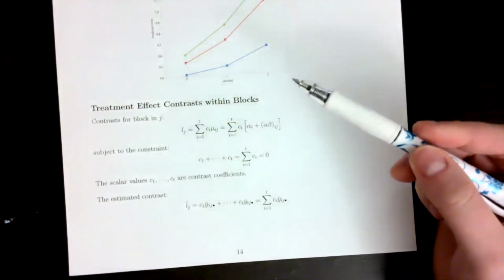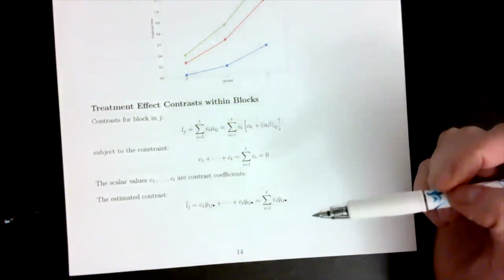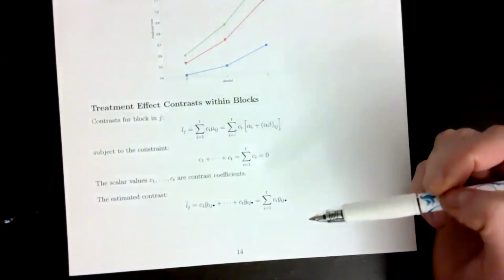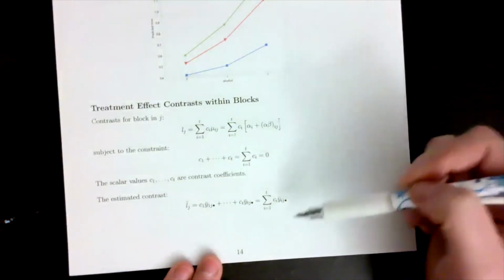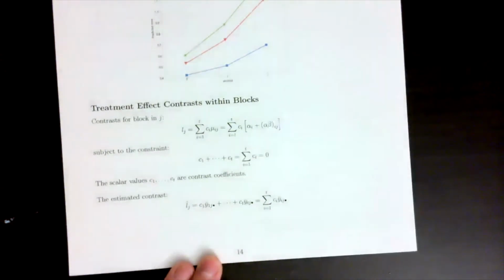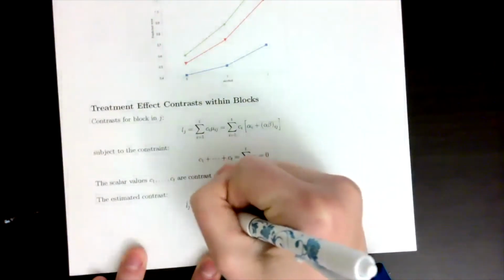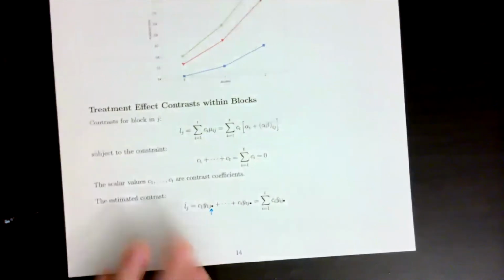But I just want to give you a forewarning. Go watch the video now. And if you have questions, try to ask them early in the week. Sorry for that plug, R users. But back to what we were doing. So here's the equations. Here's our estimated contrast. Now notice that here, this J, we're going to be looking at a specific block.